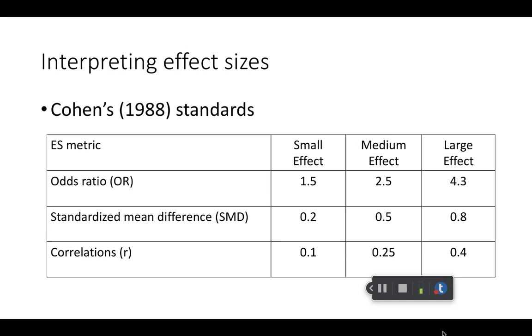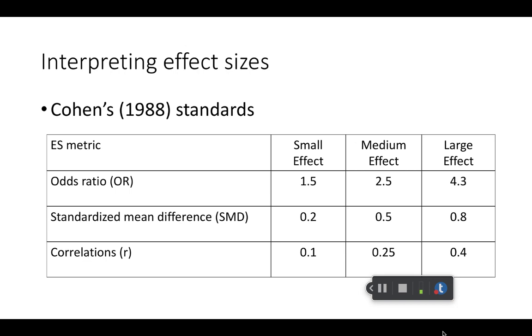So for odds ratios, remember that an odds ratio of 1 means that the odds are the same in both groups. An odds ratio of 1.5 is a small effect, 2.5 is a medium effect, 4.3 is a large effect. Standardized mean difference, 0.2 is a small effect, 0.5 is a medium effect, 0.8 a large effect.